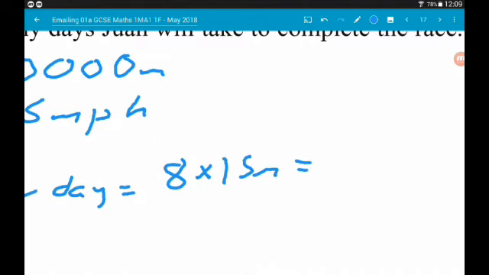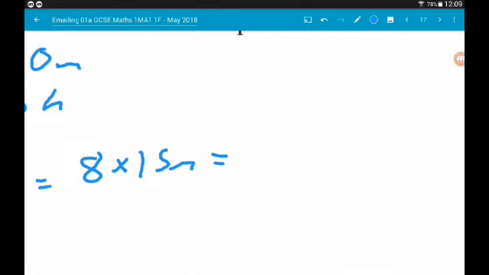Now, 8 times 10 is 80, 8 times 5 is 40. So, adding those together, he is going to go 120 miles per day.